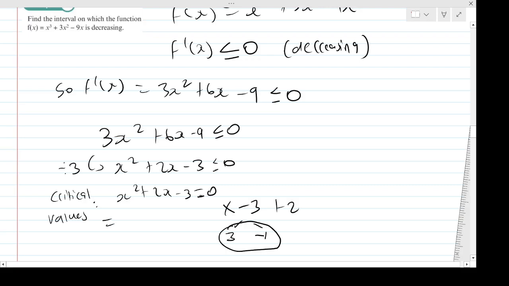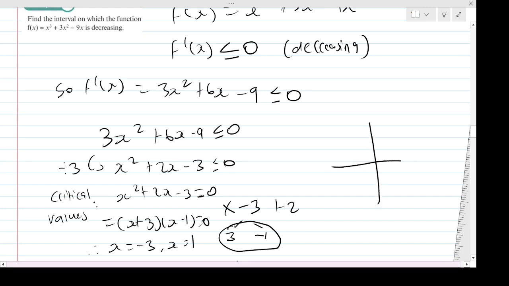So that's my factorisation: x plus 3, x minus 1 equals 0. So that means my two values are x is minus 3 or x is 1. Now I can do a rough sketch of this quadratic, x squared plus 2x minus 3. I know my roots are at minus 3 and 1.